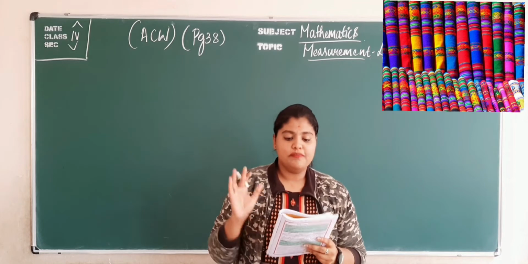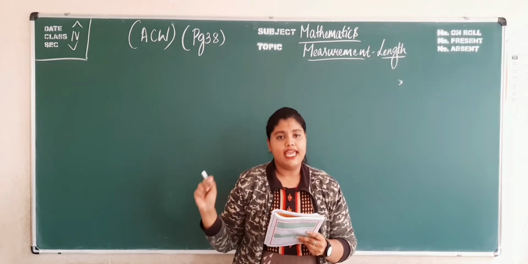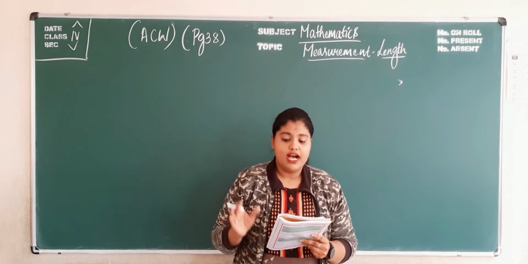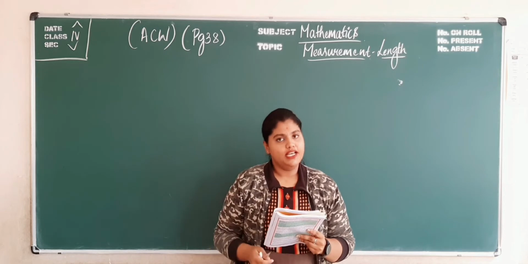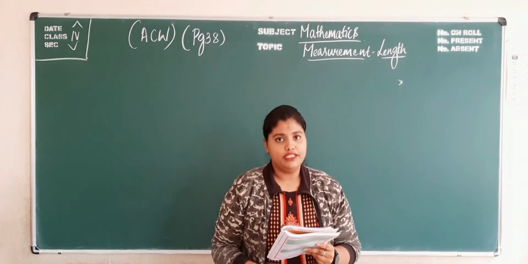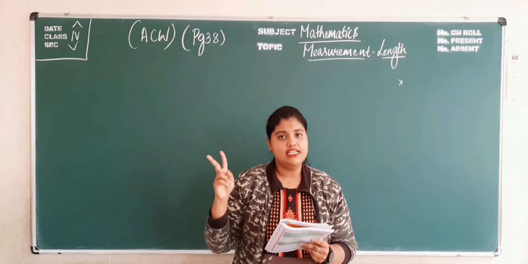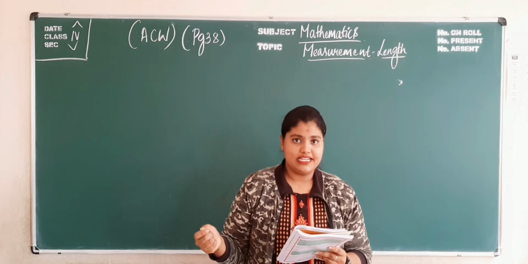So there was a bundle of cloth measuring 125 meter 80 centimeter. A length of 70 meter 30 centimeter is cut and removed. How much is cut and removed? Yes, 70 meter 30 centimeter is cut and removed from the cloth bundle. Is that clear?